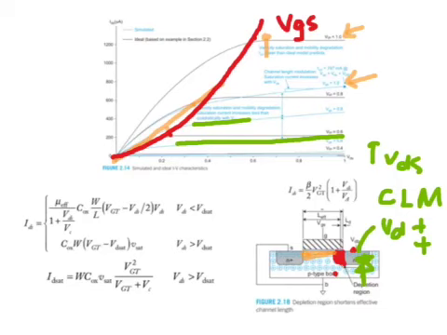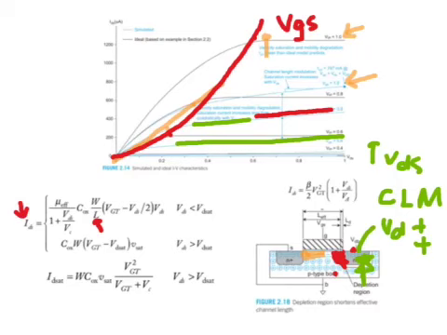So you see an effective shortening of the channel due to the expansion of the depletion region. And as you may know, a reduction in transistor effective length leads to an increase in current, and this increase is reflected in this very shallow slope here.